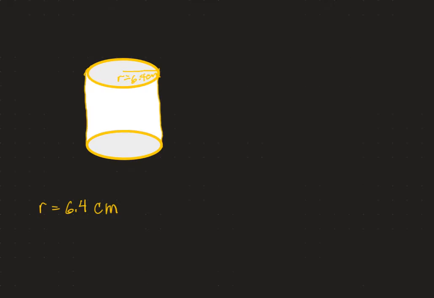In other words, we're just extending the base upward to a certain height. We will still have the same radius, top and bottom. Radius will still equal 6.4 centimeters. And let's consider a height of 17 centimeters.